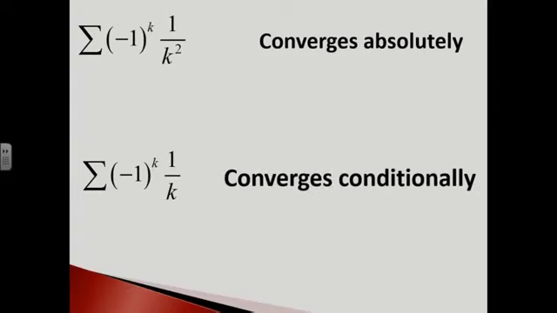The given series sigma (-1)^k multiplied by 1 divided by k converges by the alternating series test since the sequence 1 divided by k tends to 0 and is decreasing. Thus, the given series converges conditionally.